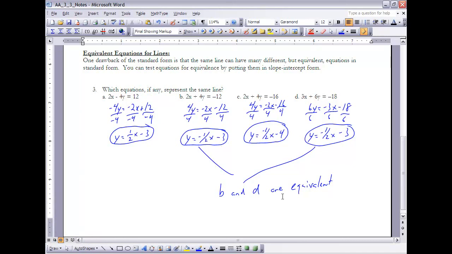Therefore, b and d are equivalent equations. If you look at 2x plus 4y equals -12 and 3x plus 6y equals -18, one is a multiple of the other: if I multiply b by 3/2 or d by 2/3, I get the other equation.